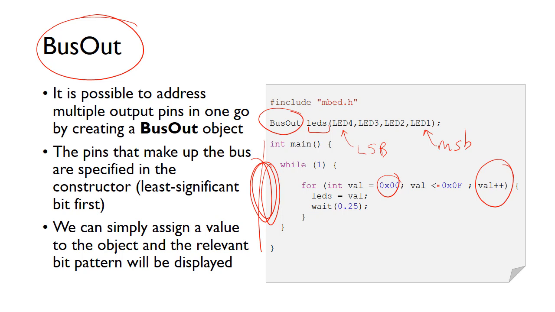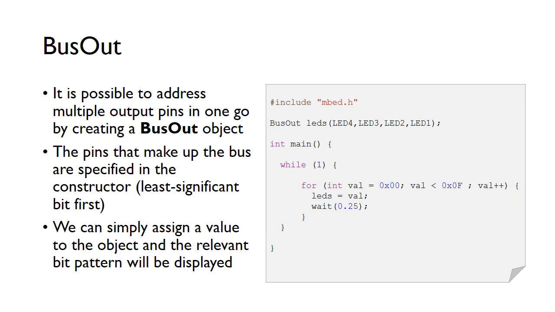So the first time around this loop, LEDs will be equal to 0. Then we'll wait 0.25 seconds. Val will get incremented. So the next time in the for loop, LEDs will be equal to 1.